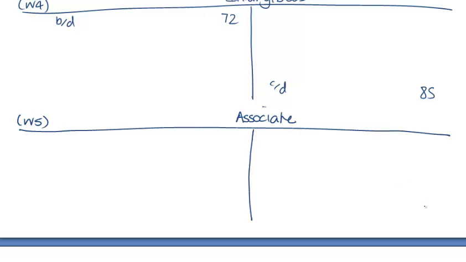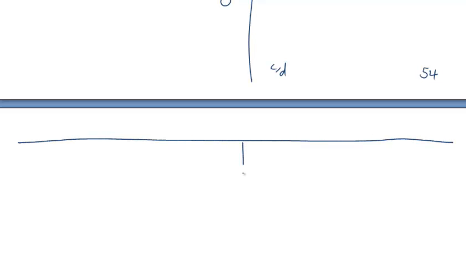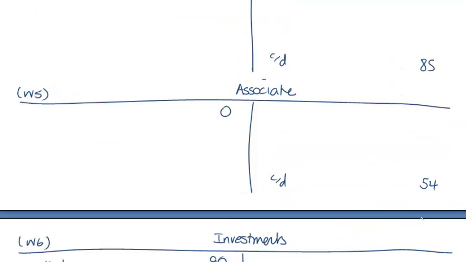We've got an associate at the end of the year, nothing brought forward, a figure of 94. And then we've got some investments. Opening balance 90, closing balance 94. So that's what I'm going to do for all of my non-current assets. We then come to our current assets.